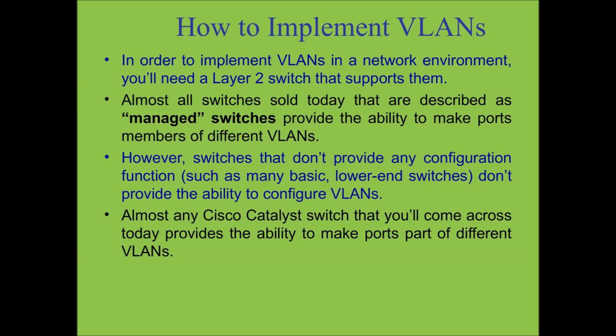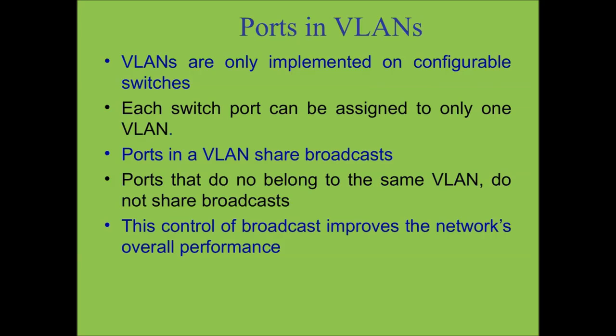Last point, almost any Cisco Catalyst switch, Cisco being a company which manufactures internetworking devices like routers and switches, that you will come across today provides the ability to make ports part of different local area networks or VLANs. So the latest Cisco Catalyst series switches are able to provide VLAN implementation.